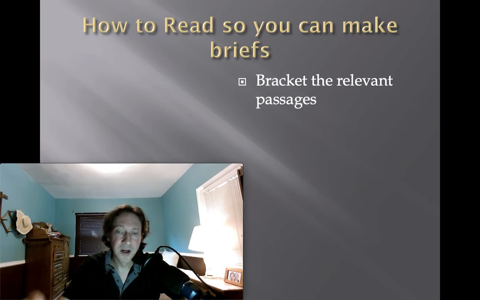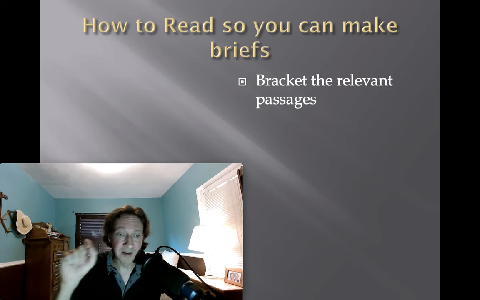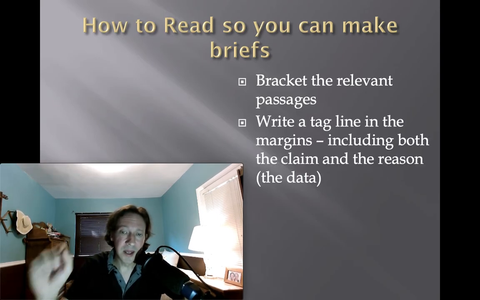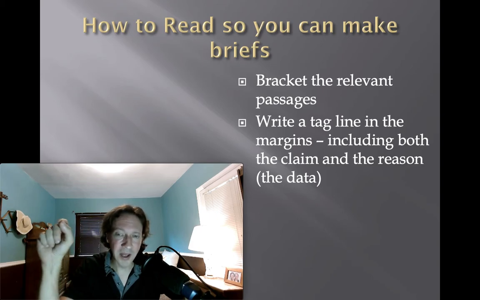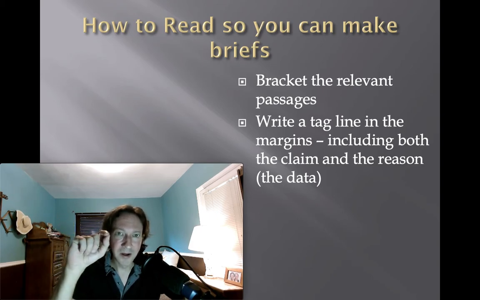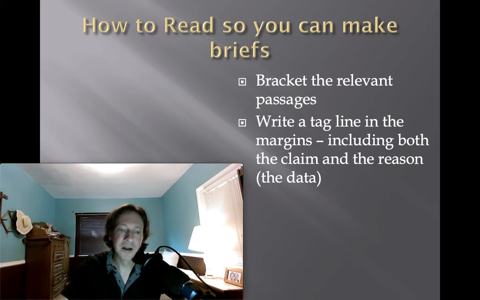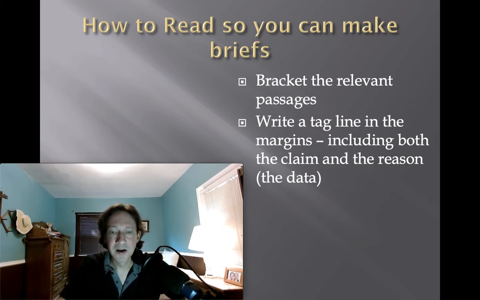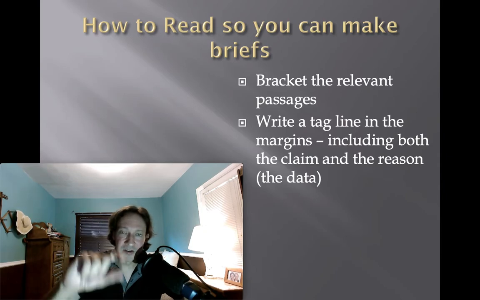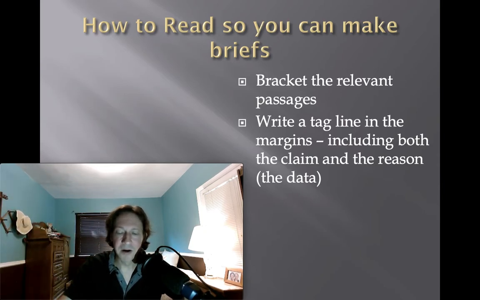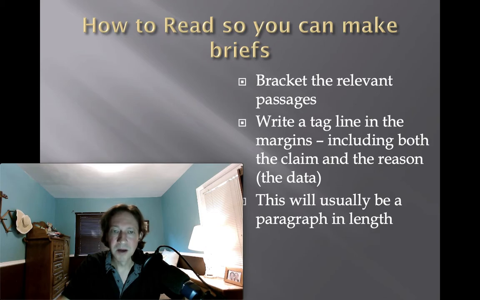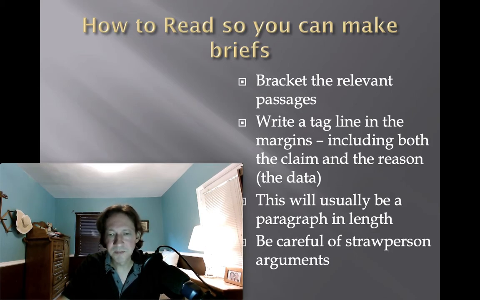What I like to do is draw brackets around the passages that I think might make a good brief as I'm reading them, and then in the margins, I'll write the claim or the tagline. Police arrest African-American males more than any other race. I'll scribble that out in the margins there. So then when I want to do my brief, I can just write that tag, cut and paste that paragraph, and I'm done. Once again, please make sure that these are about a paragraph in length at the very least.